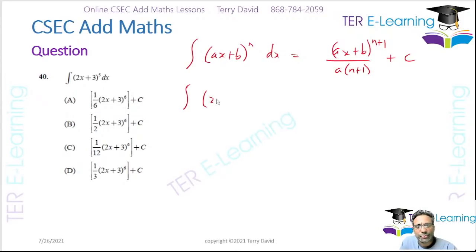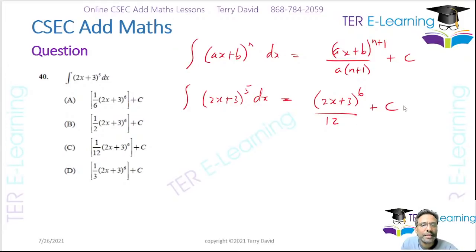So it's the integral of (2x plus 3) to the power 5 dx, and this is going to be (2x plus 3) to the power 6 over 6 by 2, which is 12, plus c. So therefore, the only answer that looks like that here is C.